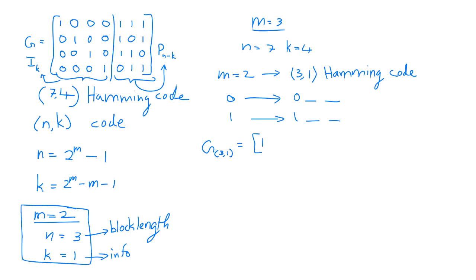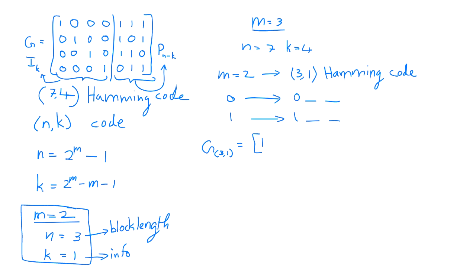We want it as an identity matrix because when we multiply the message with that identity matrix, we should get the same message, because we want a systematic code. A systematic code means the message bits appear unaltered at the beginning of the code word.